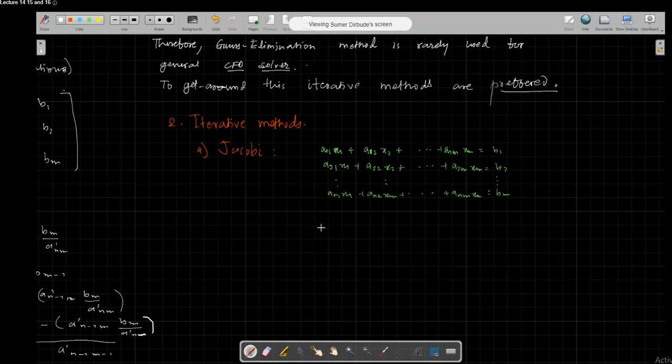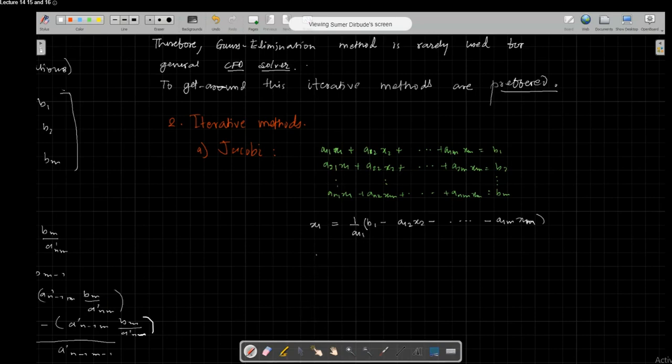So first equation is written like x1 is equal to B1 minus A12 x2 minus all other terms minus A1n xn, divided by A11.